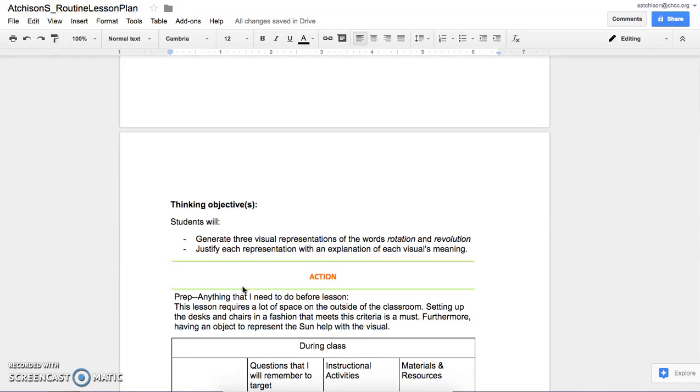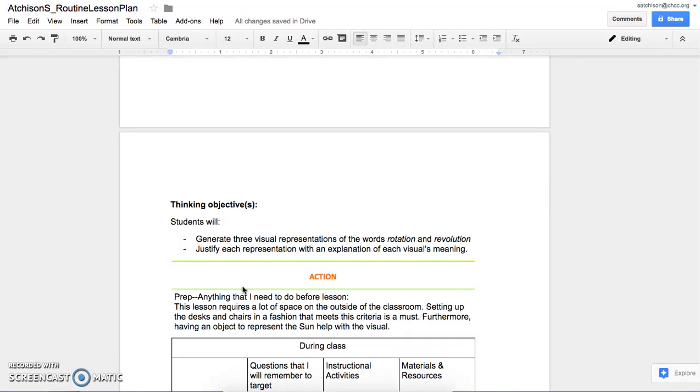For my thinking objectives, I wanted them to generate 3 visual representations of the words rotation and revolution, and then justify each representation with an explanation of each visual's meaning. Since this has an active piece and then the CSI activity, you need to put all of the desks and chairs in the middle of the room and create basically a circle around the outside.